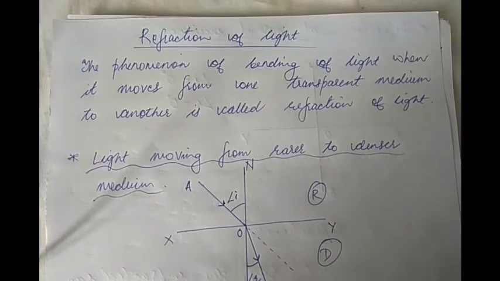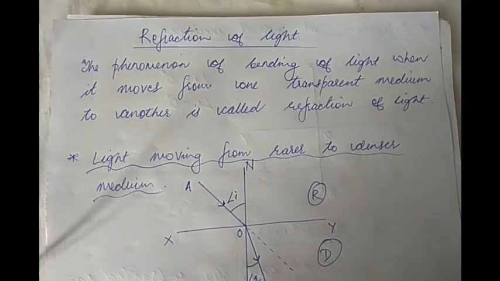When we are close to a swimming pool, the bottom of the swimming pool appears to be raised up. It appears to be less deep than it actually is. That is also because of refraction of light. And to give you another example, in the desert, people see something called a mirage.